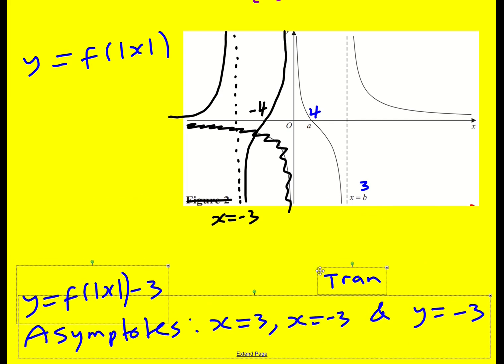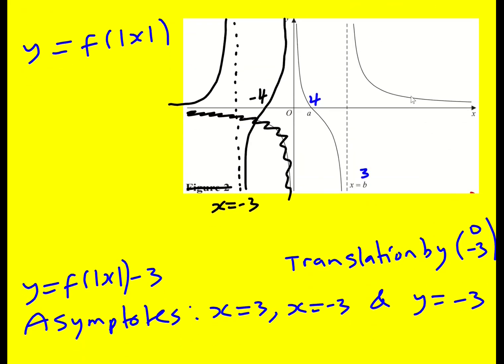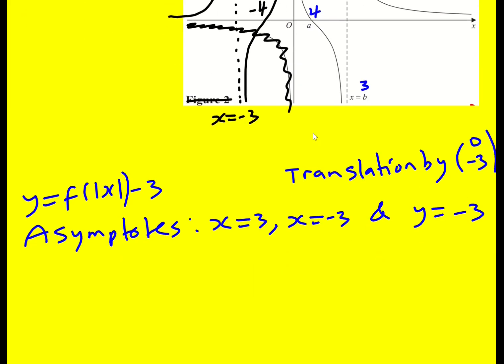So we're moving away from that first graph. It's going to be a translation by 0, minus 3. We've got our asymptotes. Now we just need to find out what's going to happen when I move the curve down by 3. Essentially, we're going to expect it to get two roots. There's going to be a root along here and along here.